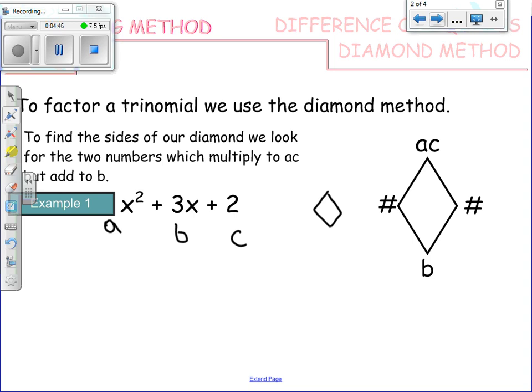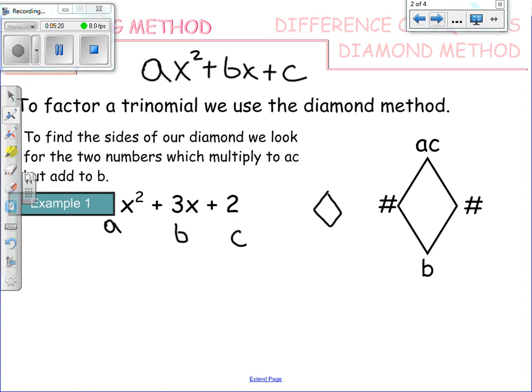So, what's A times C? Just the numbers. That's the form that our trinomials are going to generally be in for today.